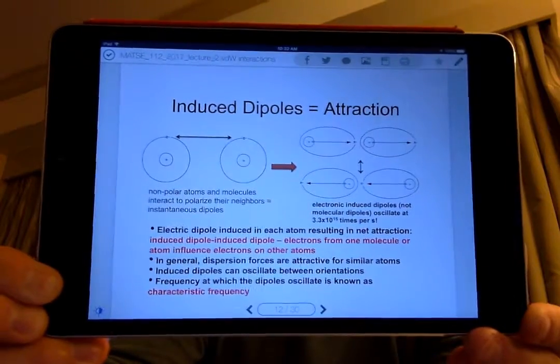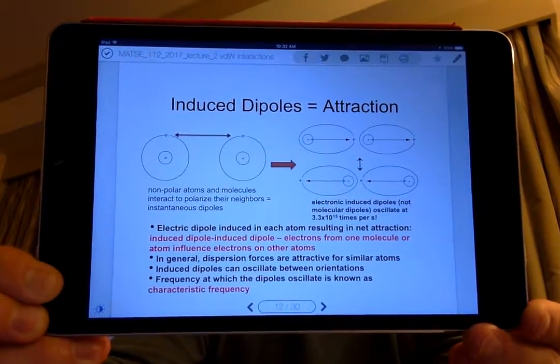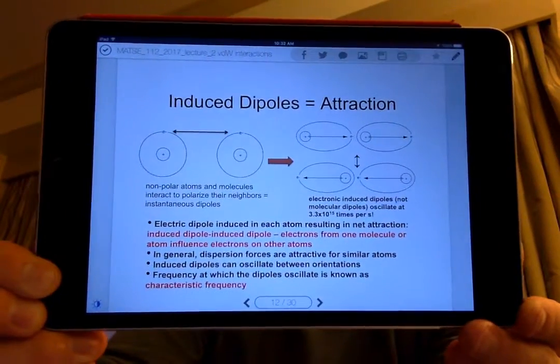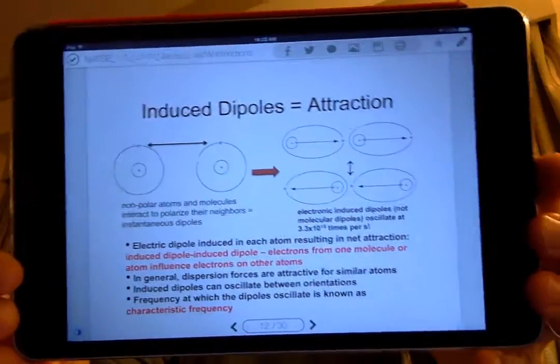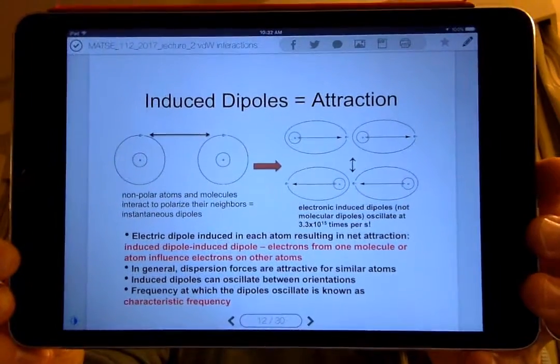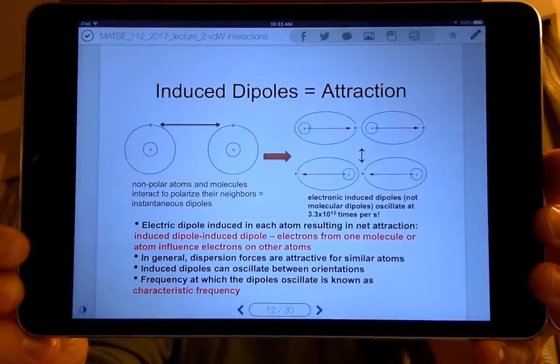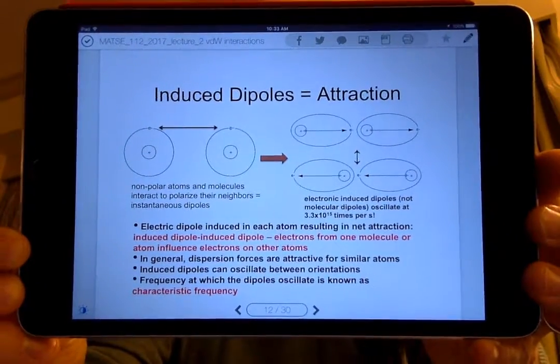We also know that electrons move very quickly, so these induced dipoles oscillate very, very fast, on the order of 10 to the 15 times per second, according to this slide. The induced dipole is a very, very fast phenomenon, and this is what gives London dispersion forces.